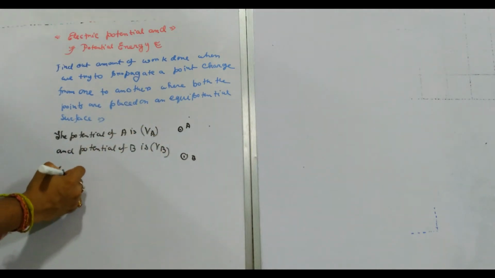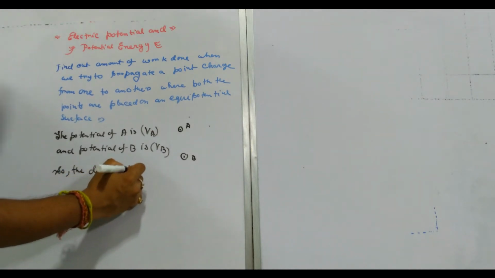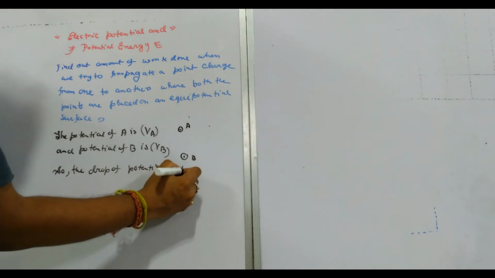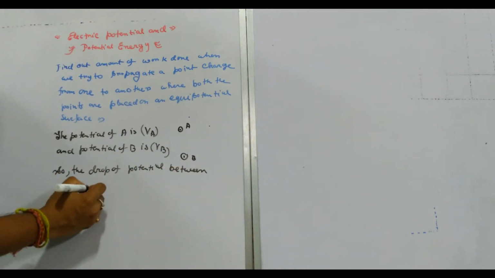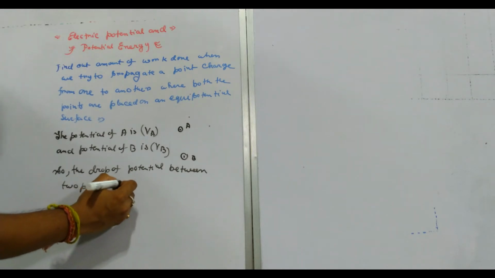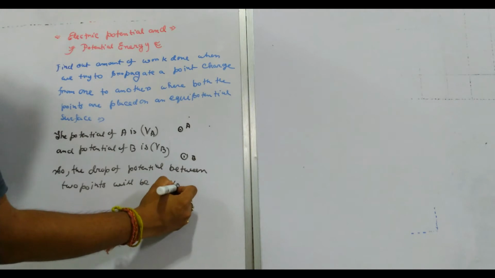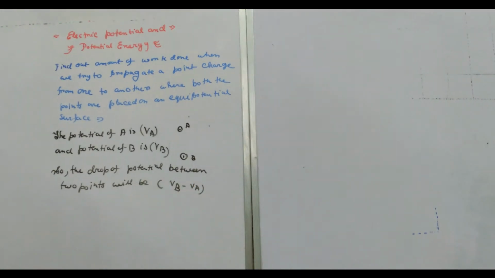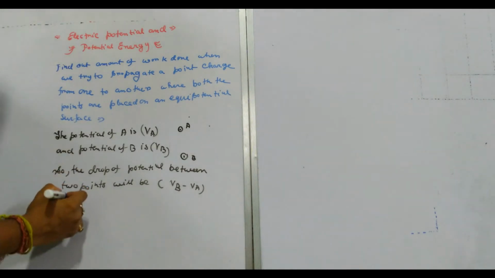So, the drop of potential between 2 points will be VB minus VA, when we try to transmit the point charge from A to B.